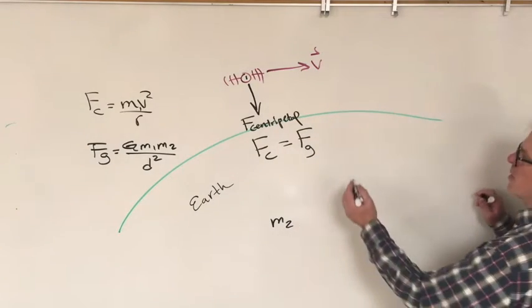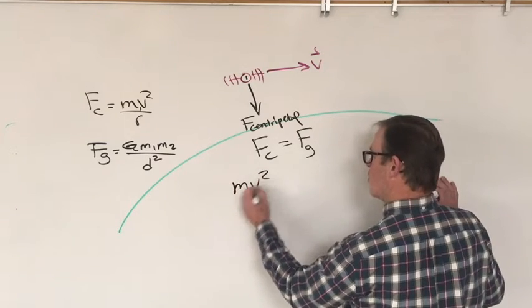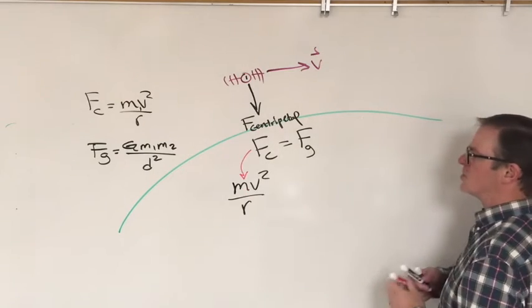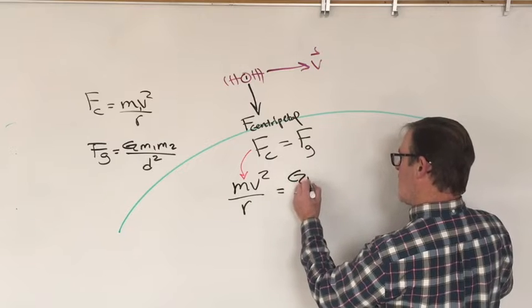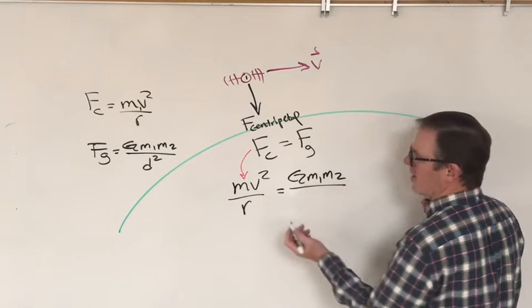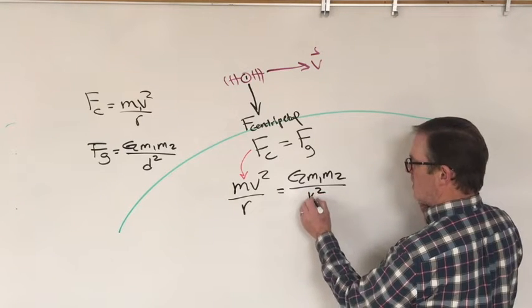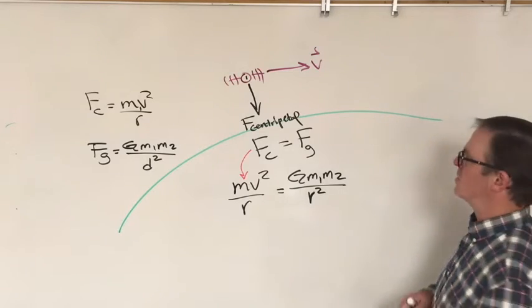So if we set mv squared over r, the centripetal force, equal to the gravitational force, G m1 m2 over distance squared, I'm going to call the distance r, because in a minute you'll see that that's valuable.